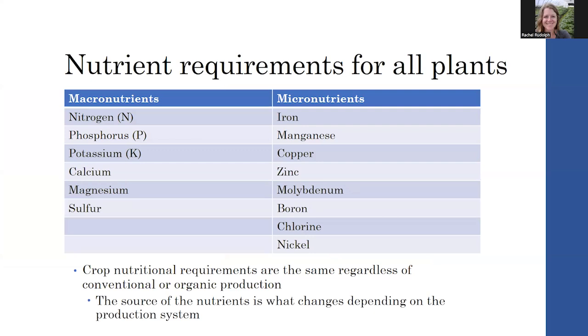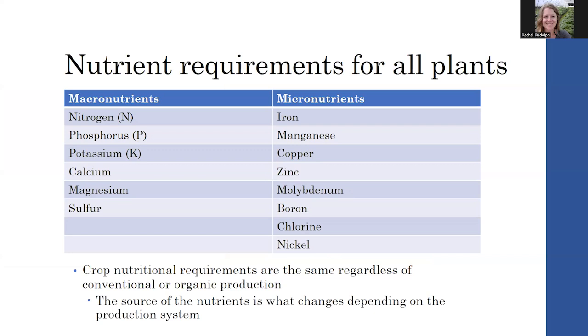There are certain nutrient requirements for all plants. There are macronutrients and micronutrients. The micronutrients are not less important than the macronutrients. They are just required in smaller quantities compared to macronutrients.